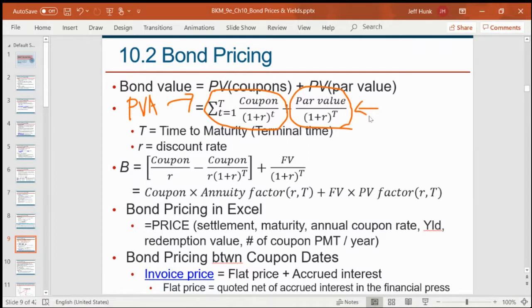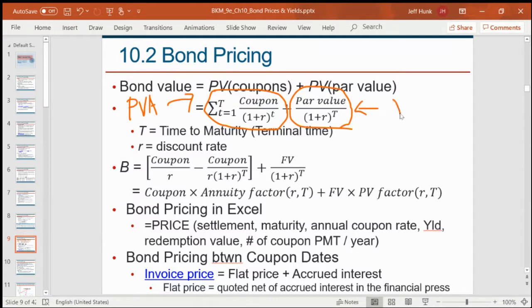Remember what annuity is? Coupons are paid at regular intervals, and the par value or the maturity value, which is always $1,000, needs to be discounted to time zero or present.